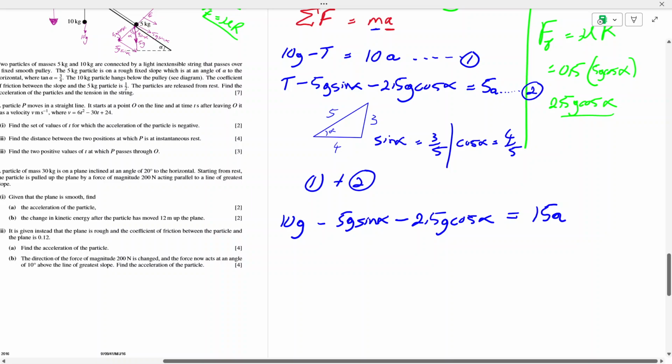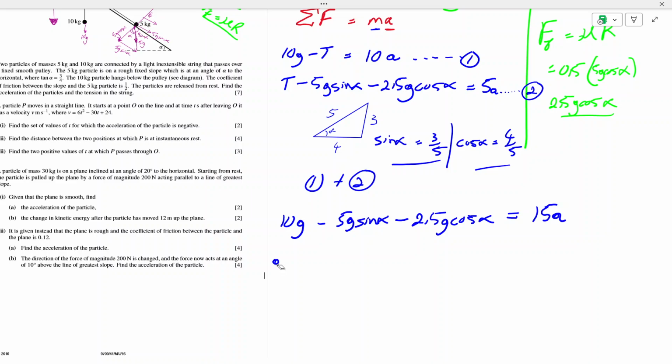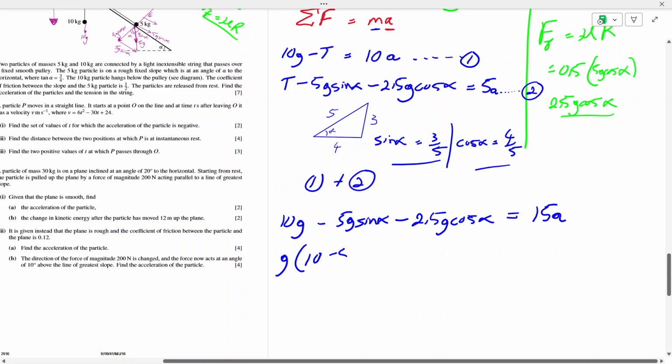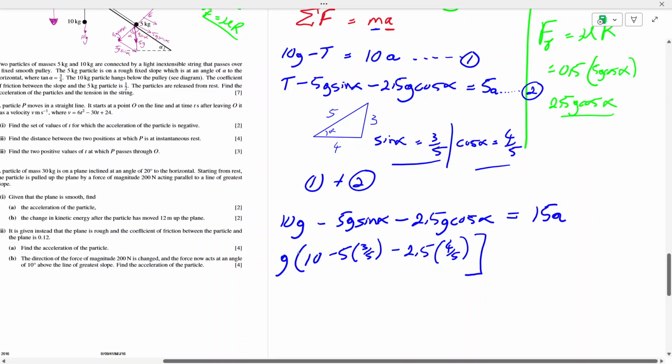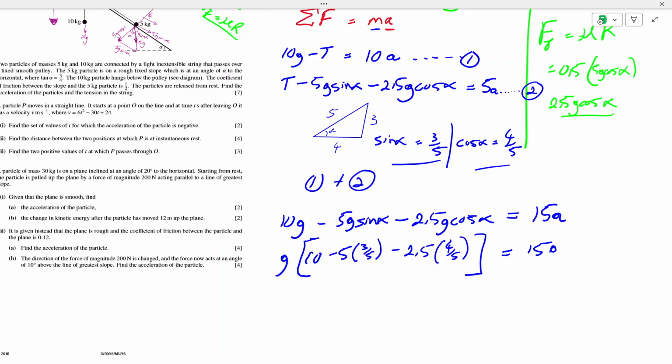Right. Then I'm gonna plug in the sine and cos using these two. Then I'm going to take out the g. Then this is 10 minus 5 times 3/5 for the sine alpha minus 2.5 multiplied by 4/5 for the cos alpha. There you go, like that. It's all equal to 15a.